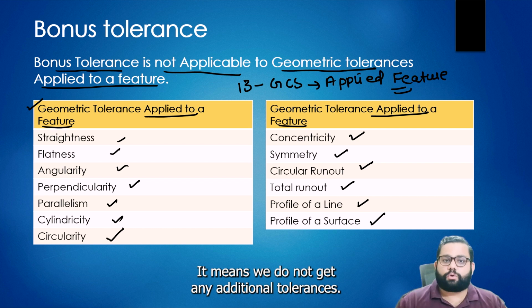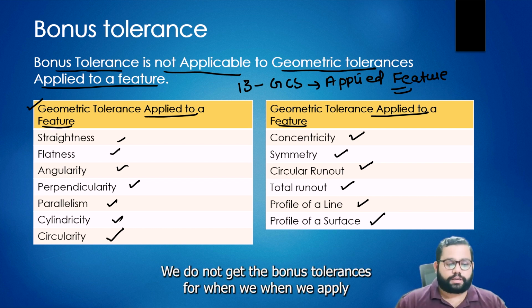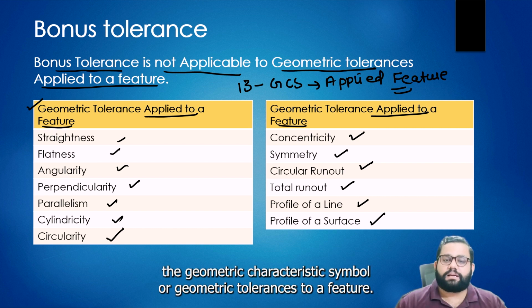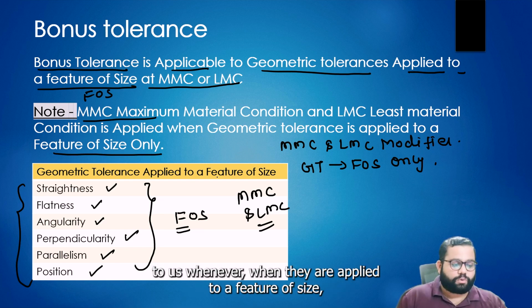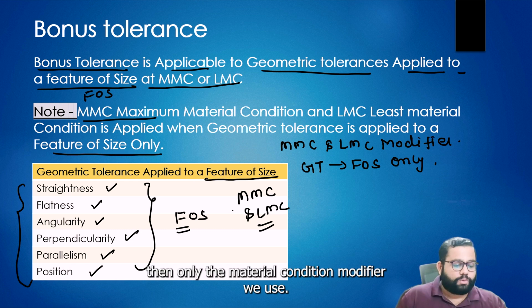It means we do not get any additional tolerance, no bonus tolerance. Only when they are applied to a feature of size do we use the material condition modifier.